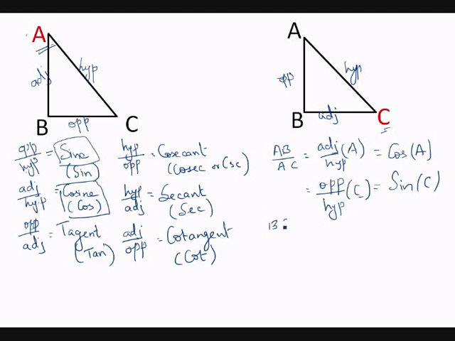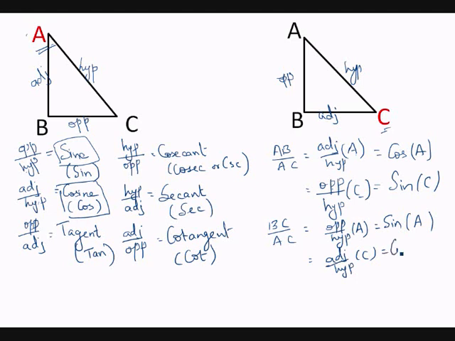What about BC over AC? BC over AC when angle A is considered is opposite to hypotenuse. Opposite to hypotenuse, as we have already seen, is sine. Now the angle considered is A, therefore it is sine A. BC over AC when angle C is considered will be adjacent to hypotenuse.